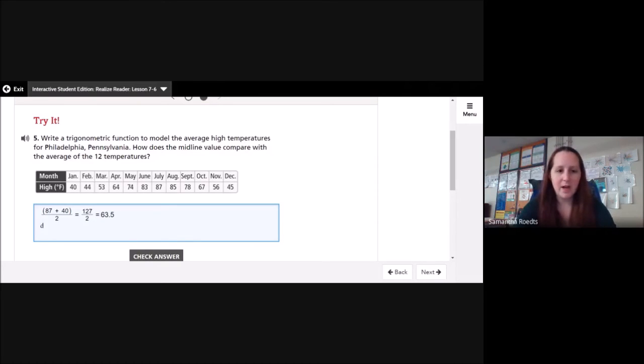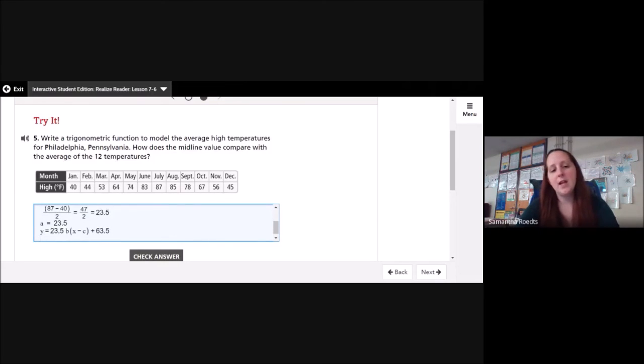Okay, and that is my D value. So remember, we're going with y equals A sine B times x minus C, plus D. So D equals 63.5. We can do the same thing with these numbers and subtract them. So 87 minus 40, divided by 2, will give me my amplitude. Right now we have 23.5 sine B times x minus C plus 63.5.